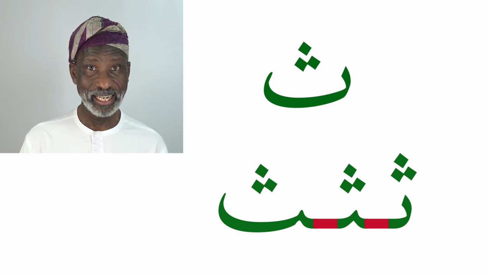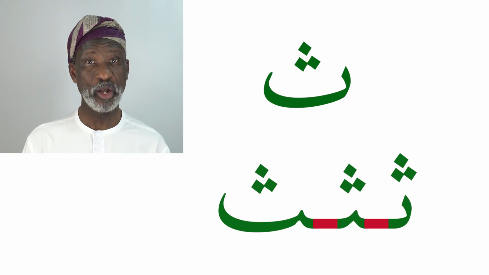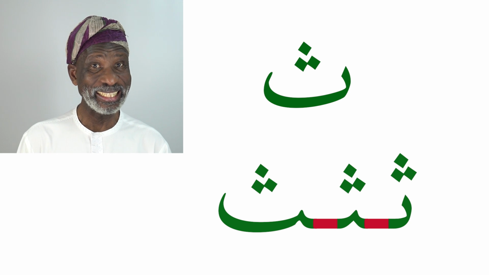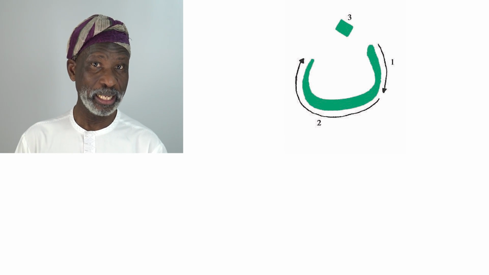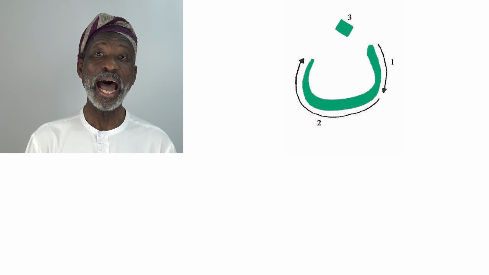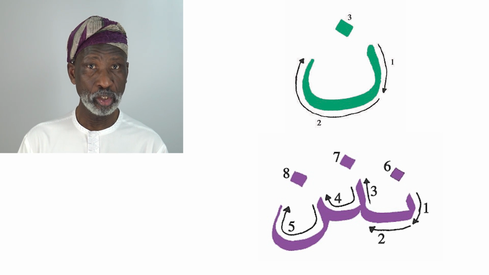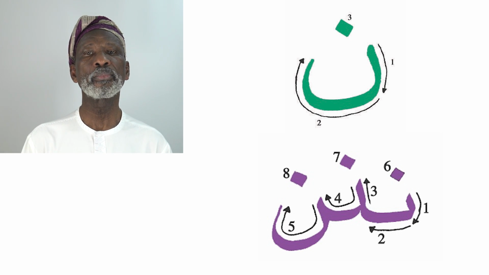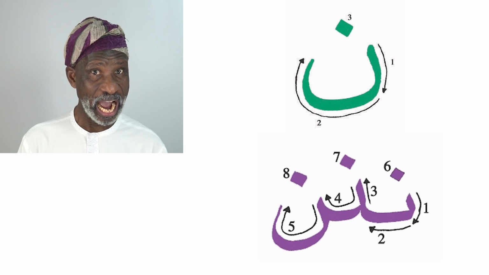The next letter, which behaves the same way when joined, is letter Noon. This is letter Noon, isolated form, and letter Noon, joined form. So, you see the arrow.